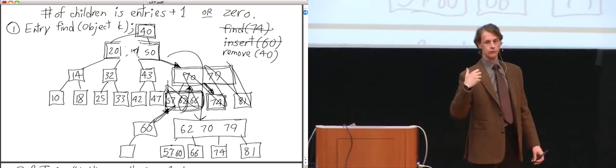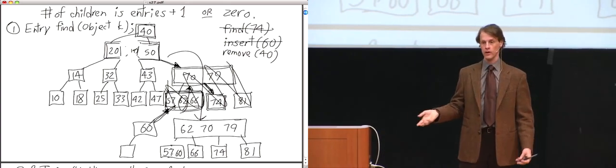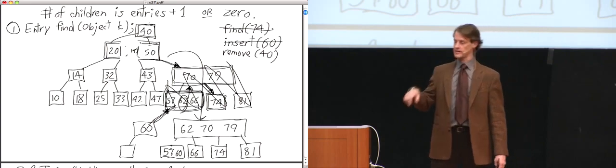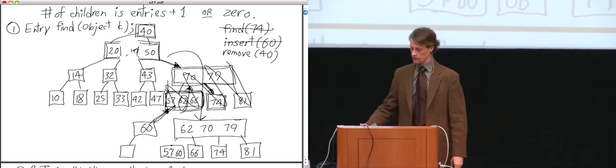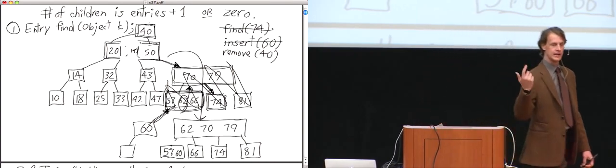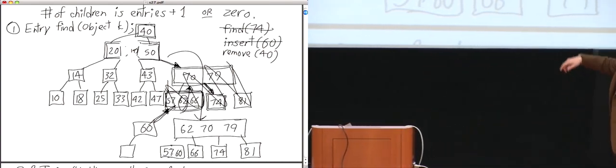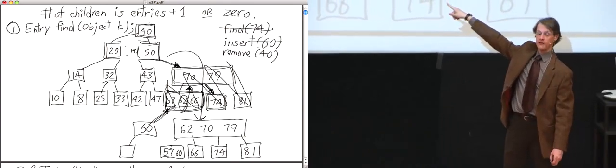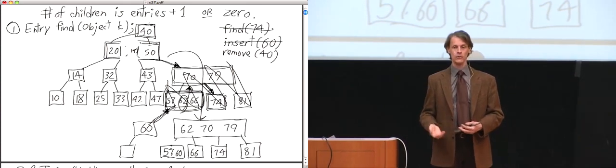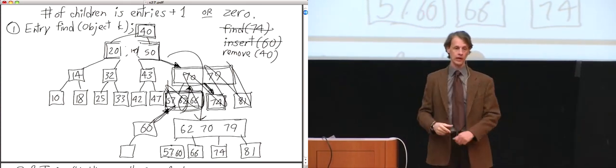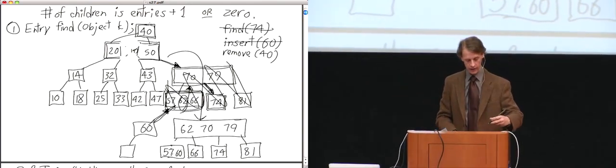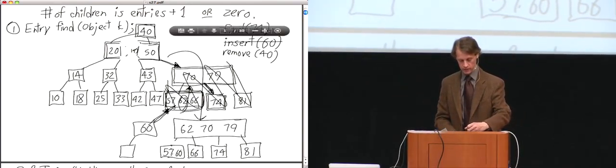So what do I do? Well, I can't just take the 40 out of the root node and leave it there. I have to replace it with something else. I need to fill that space. So what we're going to do is look for the next larger key, or the next key in the in-order traversal after that 40, which is that 42. And that 42, once we find it, we'll have to move up to replace the 40. But we haven't found the 42 yet. We don't even know that there's a 42 down there. At this point, we're still in the root node.